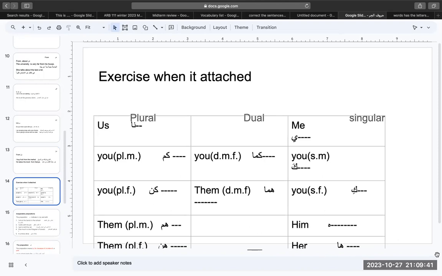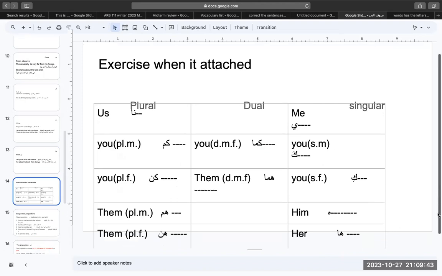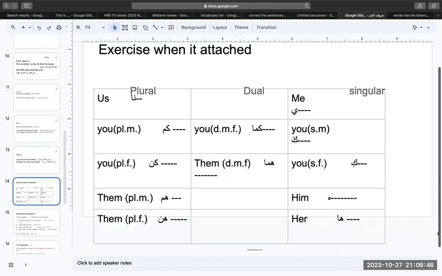Here are some exercises on how you're going to use them with the attached pronoun. And do not forget the plural, which is nun alif, kaf mim. We talked about this, but I'm going to talk about it again. So if lam is attached with ya, it's going to be li, which means for me. With lam and kaf fatha, laka, for you. Laki, for you, singular feminine.